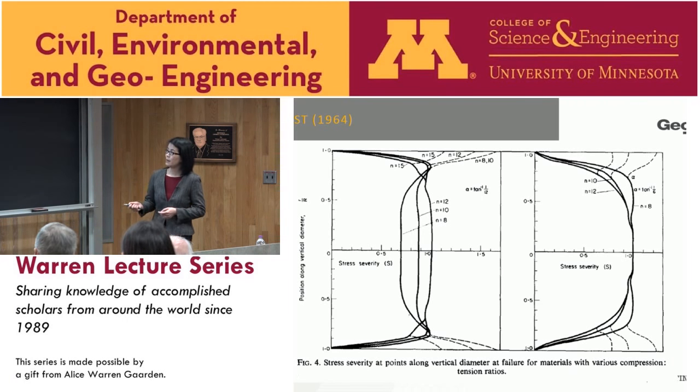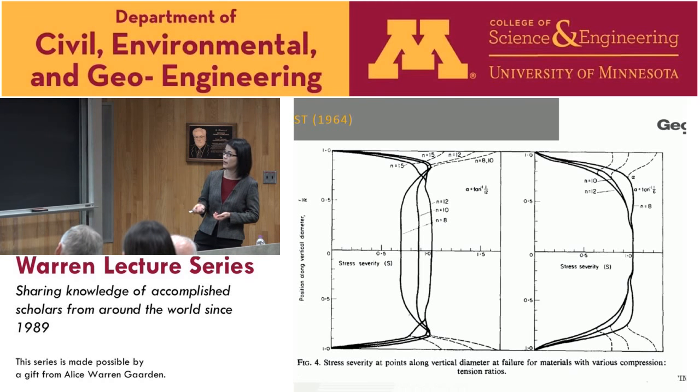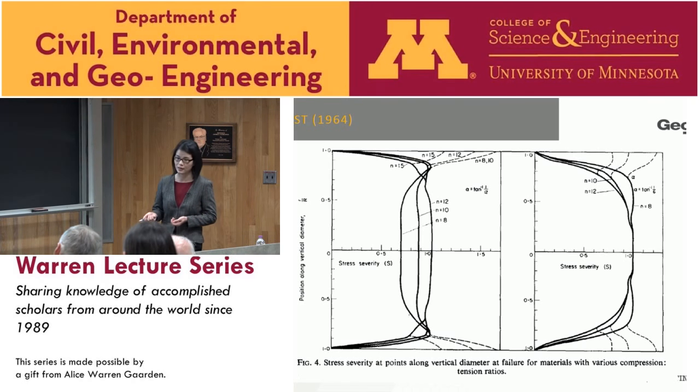And the dependence of the failure mechanism on the strength ratio was pointed out long ago by Dr. Charles Fairhurst in '64. What he plotted over here, this N, you can interpret as a strength ratio. With N being 12, that's more or less similar to sandstone.